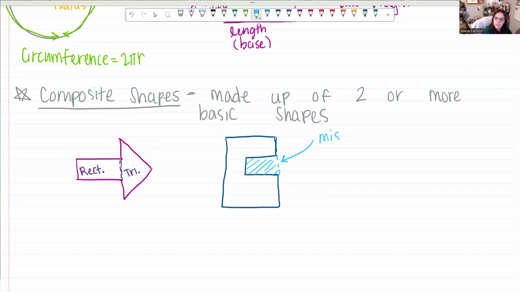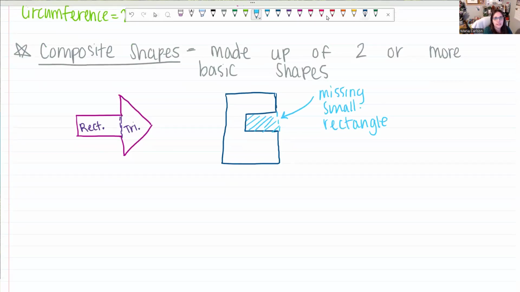So missing smaller rectangle. So to find the area of this, the area would be the bigger rectangle, subtract away the smaller rectangle.